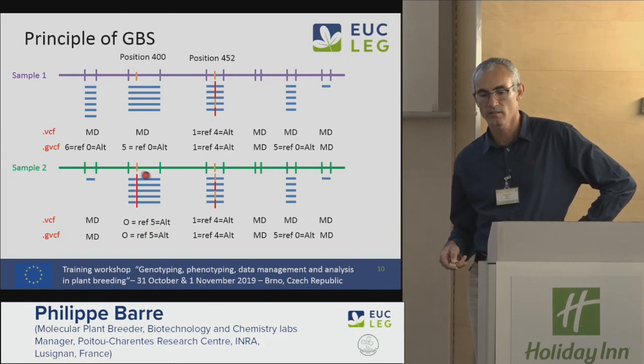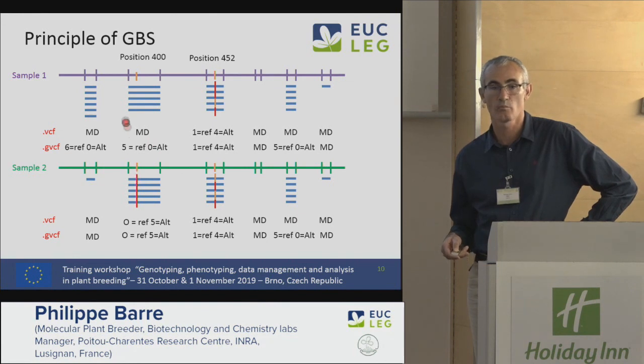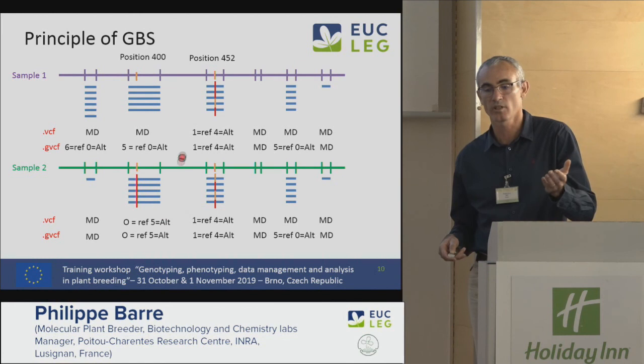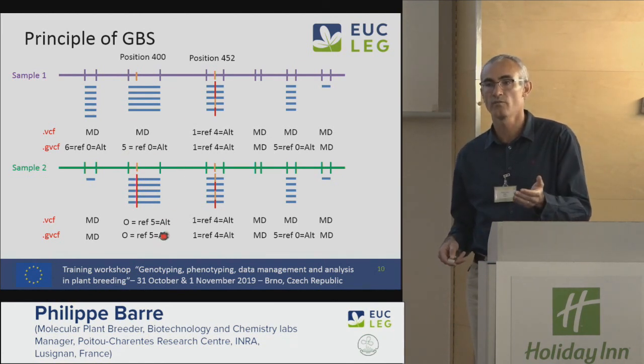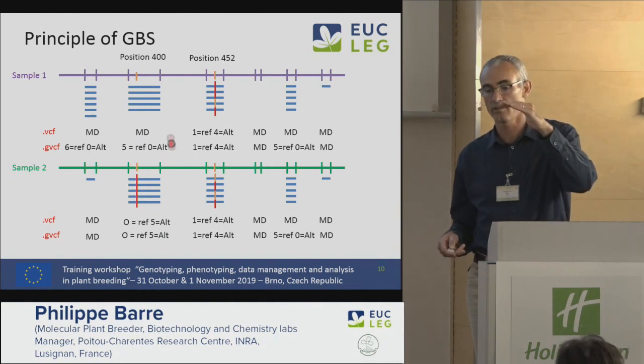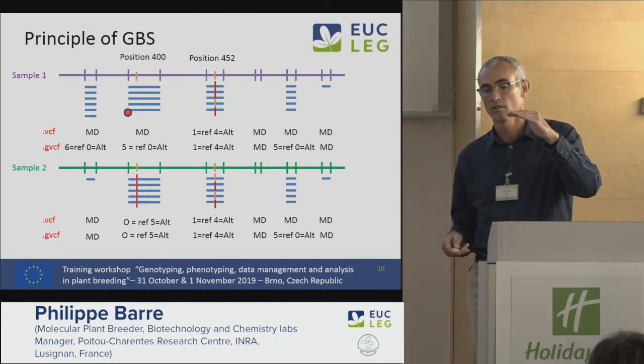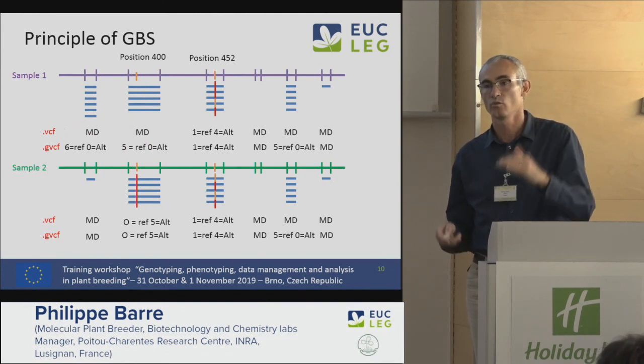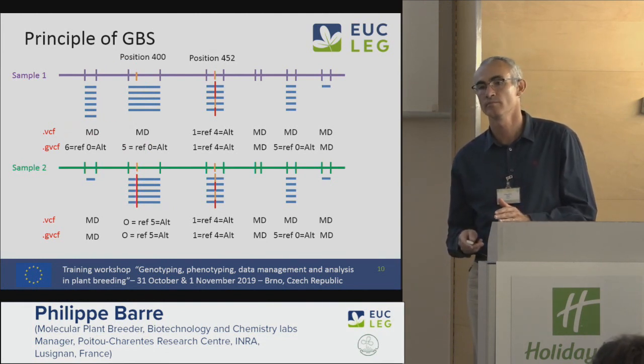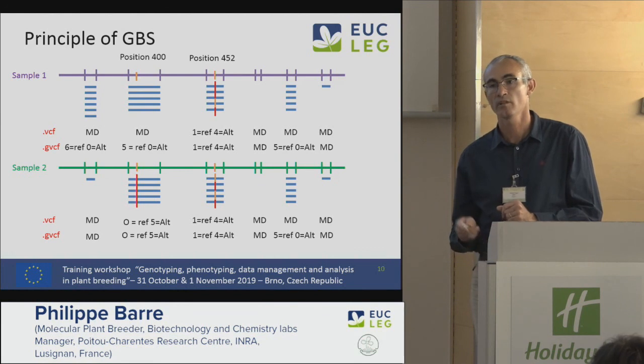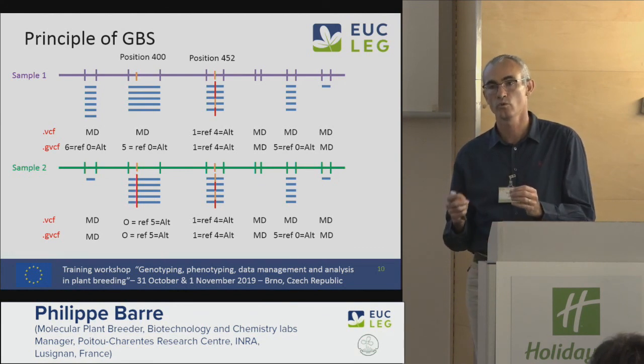So in fact, this SNP is fixed in sample 1 and sample 2, but it's polymorphic. It's not the same allele in sample 1 and sample 2. If you just do the variant calling and get only the variant here with the VCF, you lose this information. So depending on the software you're going to use, be very careful with that.